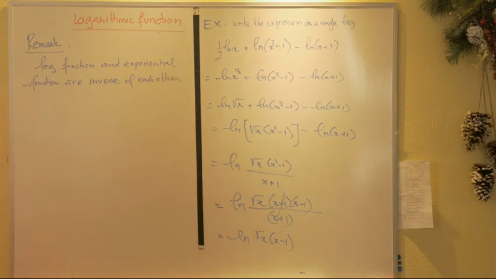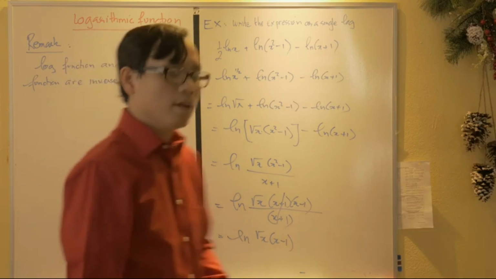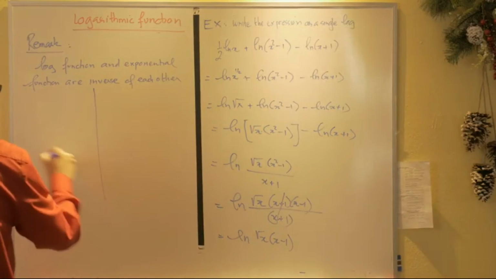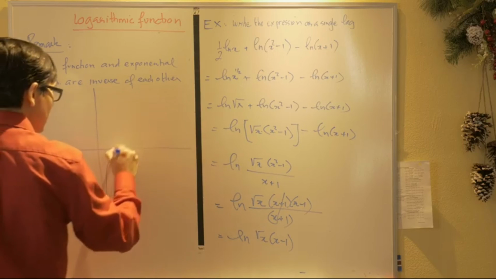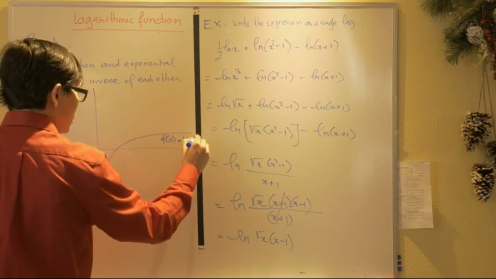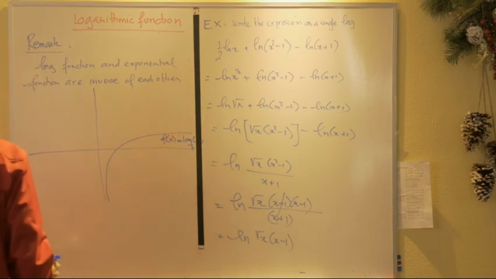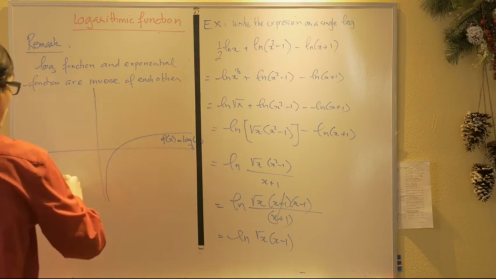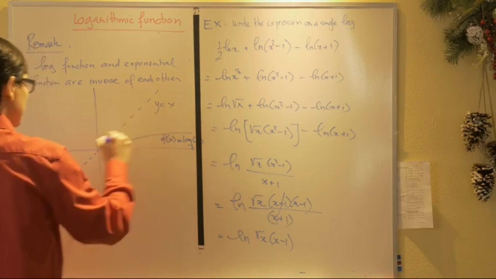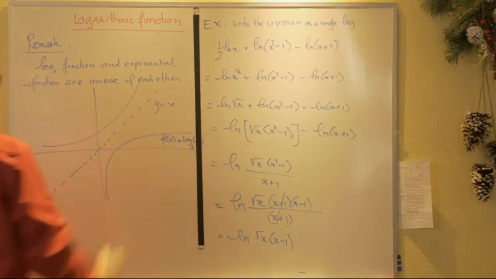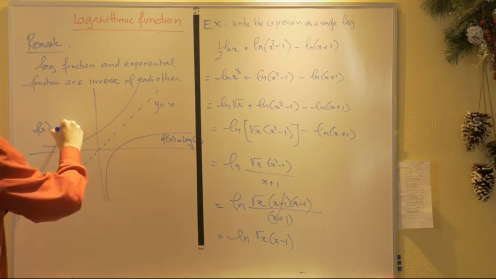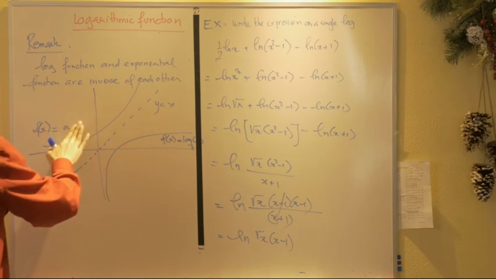It means that if you graph 2 curves, one curve is log and the other curve is exponential, they are always symmetric about the line y equals x. So this is f of x equals a to the b to the x.